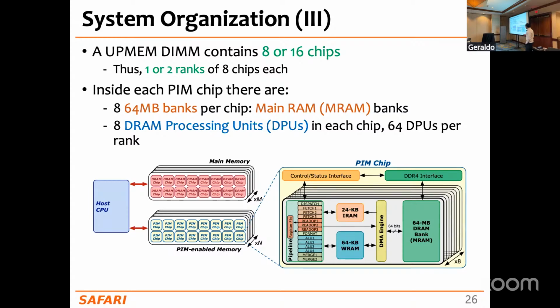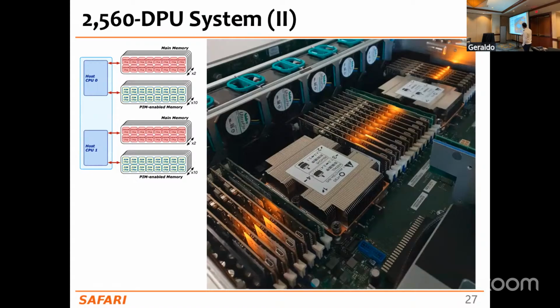Also, you have 8 DRAM processing units called DPUs. Again, this is a very simple RISC-V-like in-order processor, with some scratchpad memory called working RAM, and some SRAM memory for instructions.